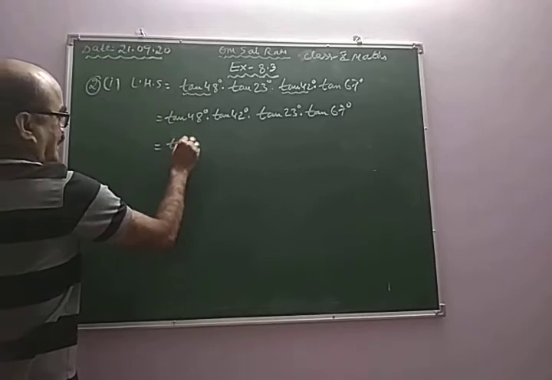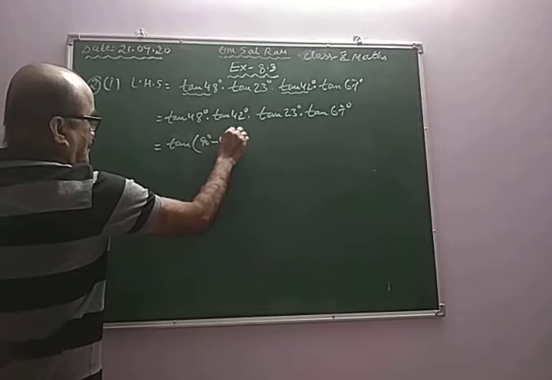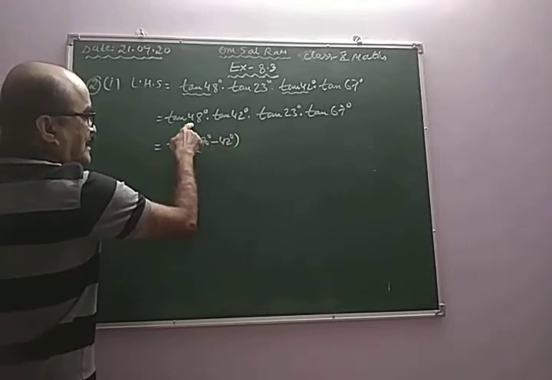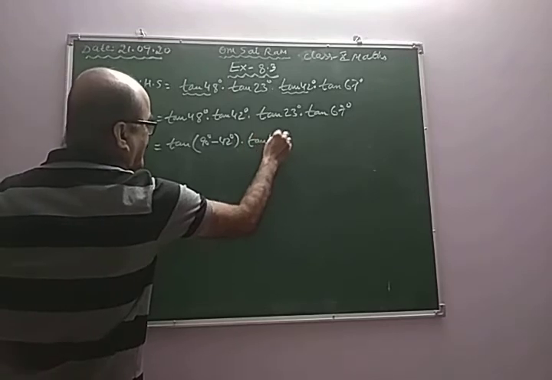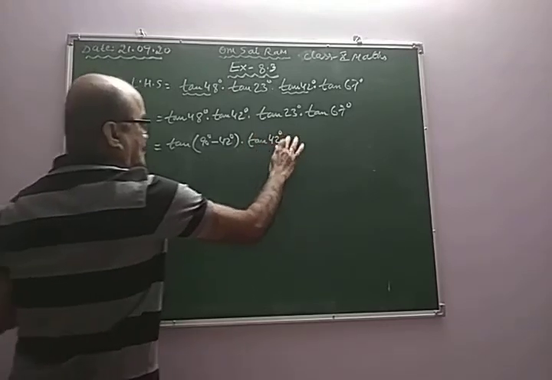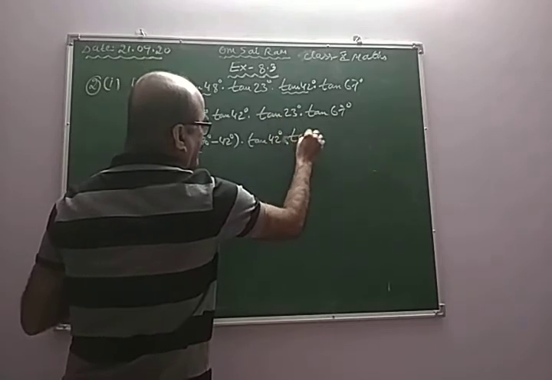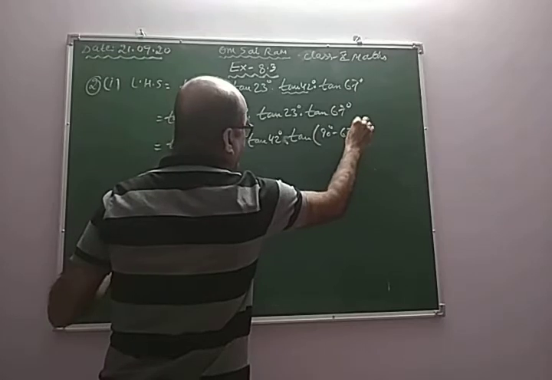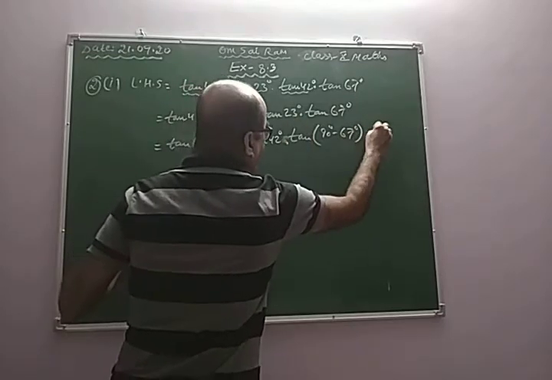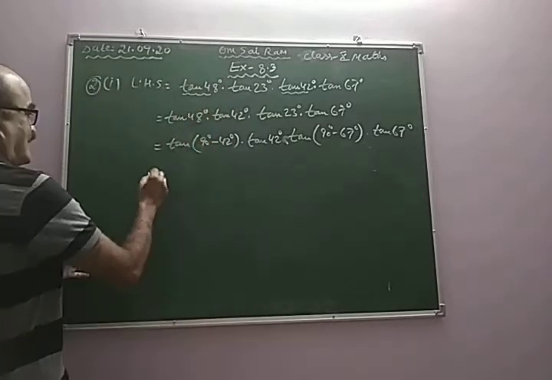So tan 48 will be equal to cot of 90 minus 42. So 90 minus 42 will be 48, and tan 42 will remain as it is into tan 23. I am changing tan 23, so cot of 90 minus 67 is 23, and tan 67 is as it is, right?